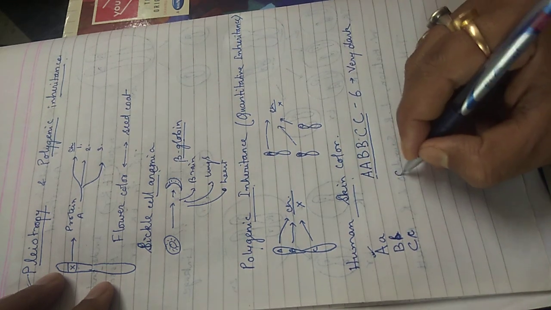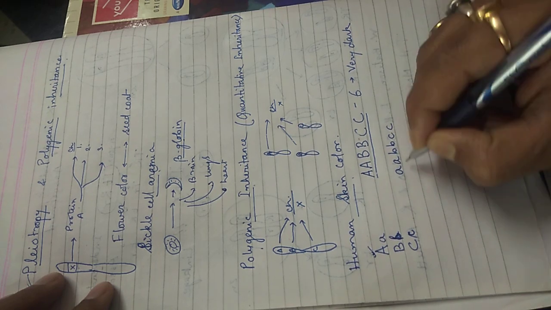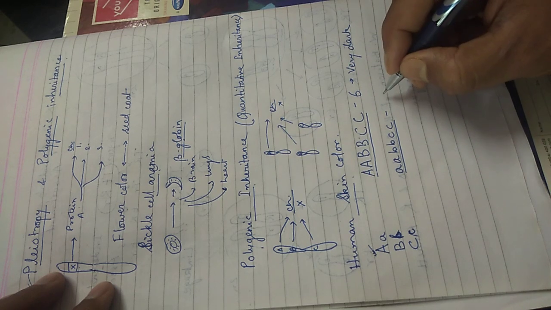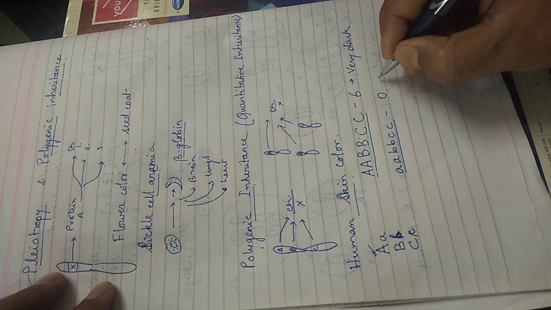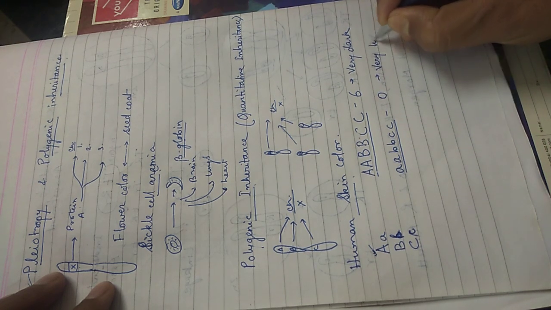Similarly, if all the alleles are recessive, there is either no or minimum production of melanin. Under such a condition, no dominant trait is there, so I have written 0. So it leads to a very light skin tone.